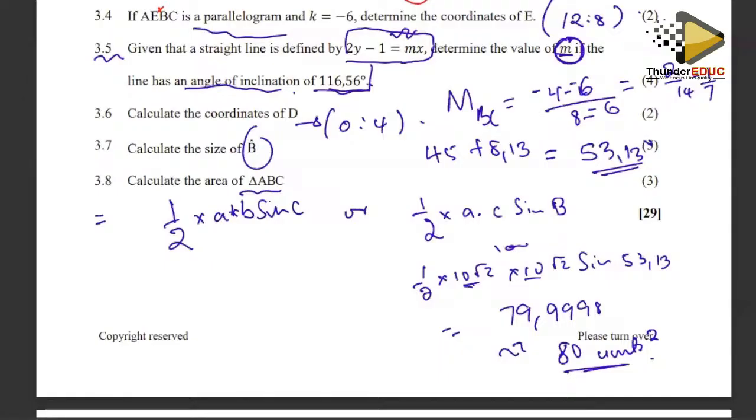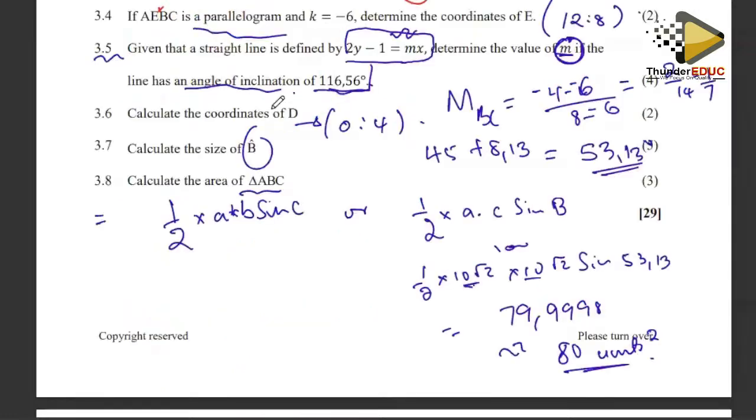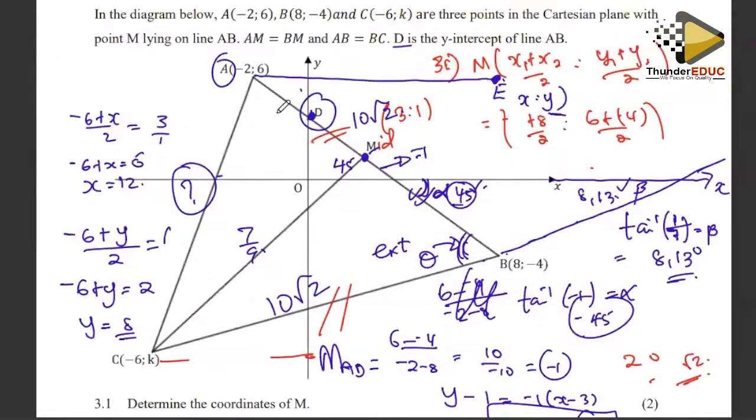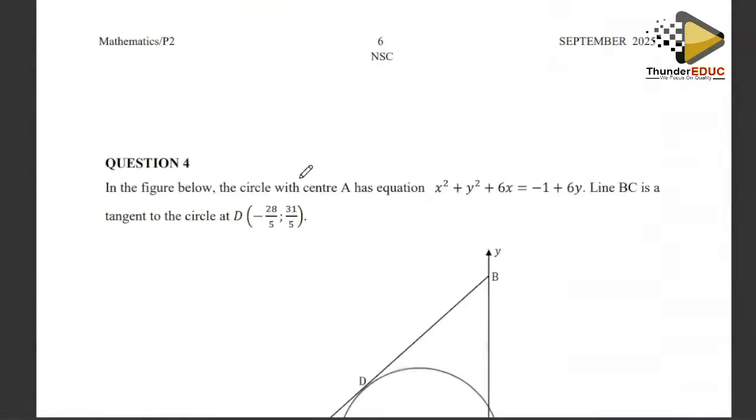All right, so that is how we would have gone about with that. Alternatively, if you feel there is a 90 degree somewhere, then go ahead and use it and find the distance. Okay, that is question number 3, 29 marks.